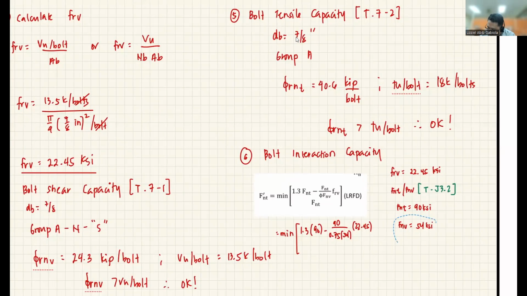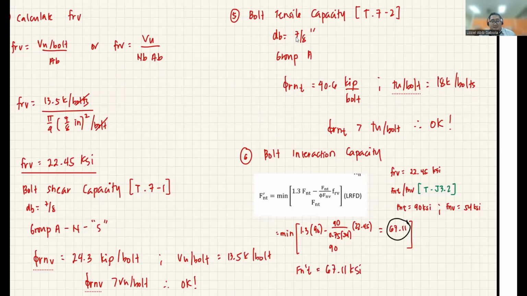So pag kinalculate yon, 1.3 times 90 minus 90 over 0.75 times 54 times 22.45, so 67.11. Okay, so minimum is ito. So therefore, ang ating reduced value ng Fnt is equals to 67.11 ksi.